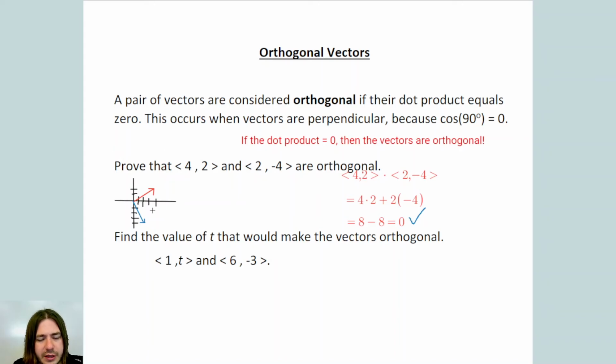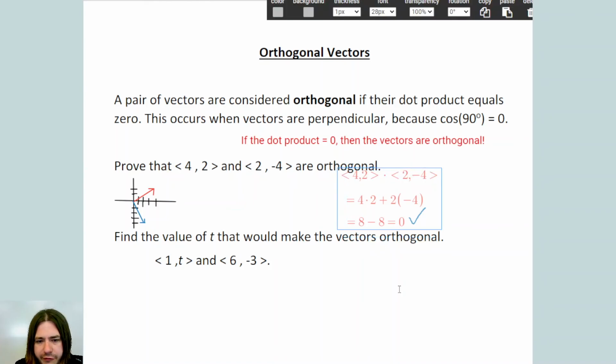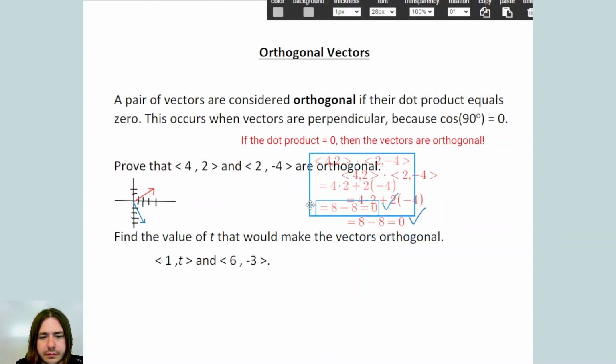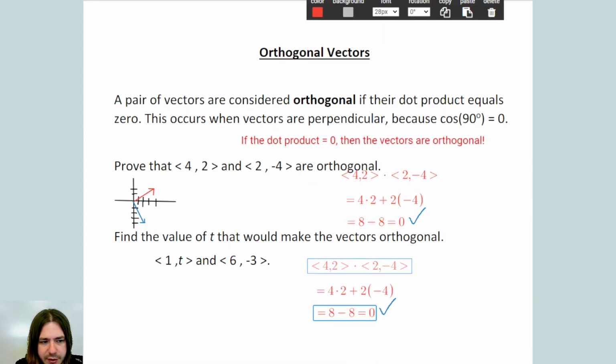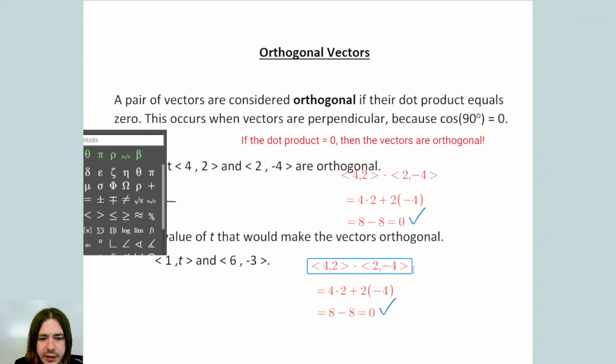All right, the last one here says find the value of t that would make the vectors orthogonal. Kind of the same setup, except we're going to be solving for a variable here. The equation we're going to set up here is that 1, t dot 6, -3. So the dot product of these needs to equal 0.